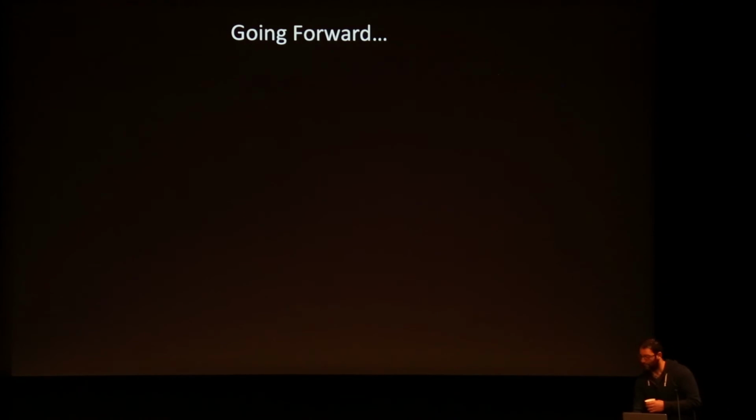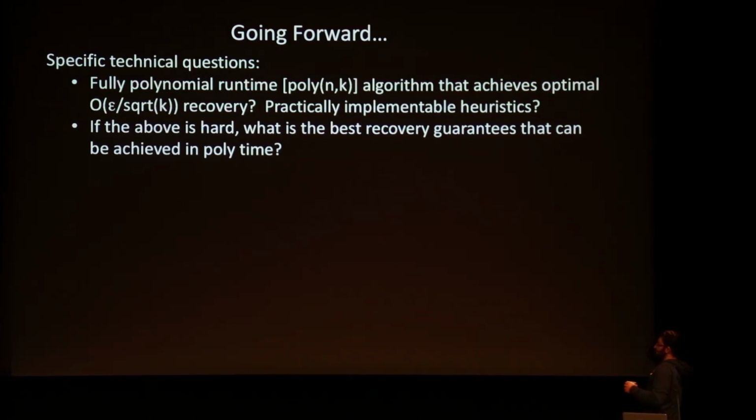Okay, so going forward, there are some nice specific technical questions. One question is, can you get a fully polynomial runtime, polynomial in n and k and so on, that achieves this optimal epsilon over square root batch size recovery? I think the model here is very close to the practical problem people care about, and it would be worthwhile to get, say, a practically implementable heuristic for this. If getting a fully polynomial algorithm that achieves epsilon over root k is hard, you could also ask, what's the best recovery guarantee you could hope for via a fully polynomial time algorithm?